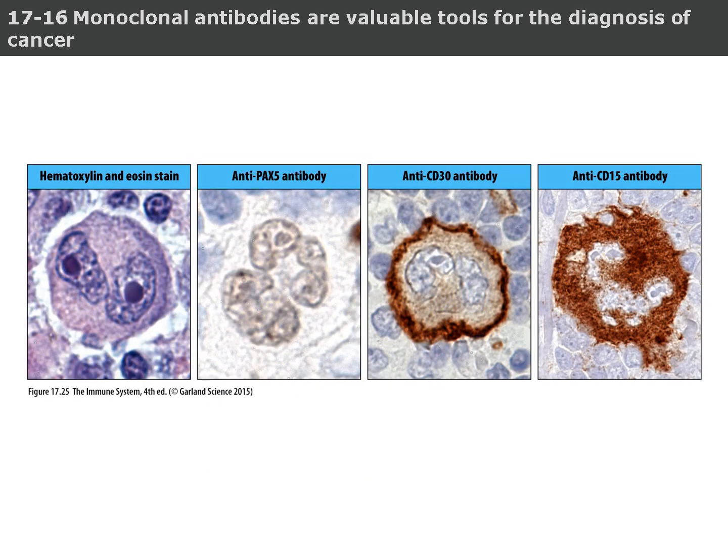This figure highlights how different monoclonal antibodies assist in the diagnosis of cancer. Hematoxylin and eosin staining provides basic visualization of cellular morphology. Immunostaining with anti-PAX5 antibody identifies B-cell lineage tumors.